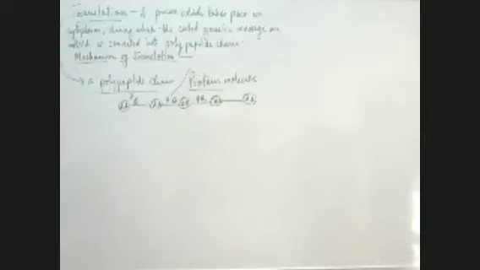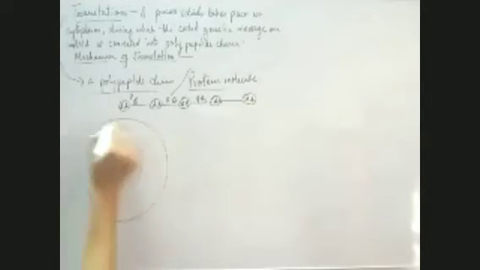And where are these amino acids present? These amino acids are present in the amino acid pool, which is there in the cytoplasm. The cytoplasm of the cell has an amino acid pool where amino acids are stored. And from there, the amino acids are brought by transfer RNA or tRNA.